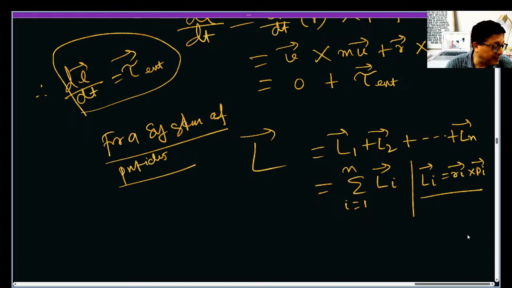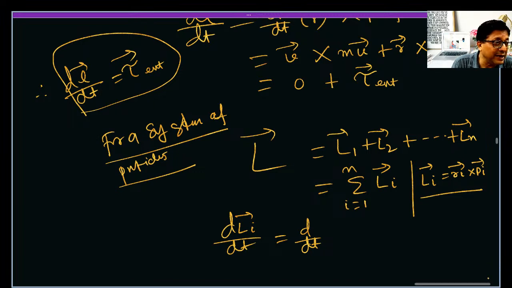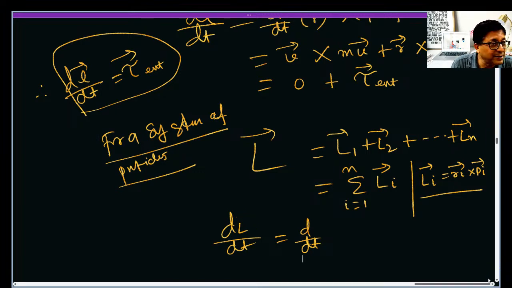Now differentiate both sides again, like the previous thing. dL by dt, not dLi by dt. What can you write? d/dt of sigma i equal to 1 to n Li.